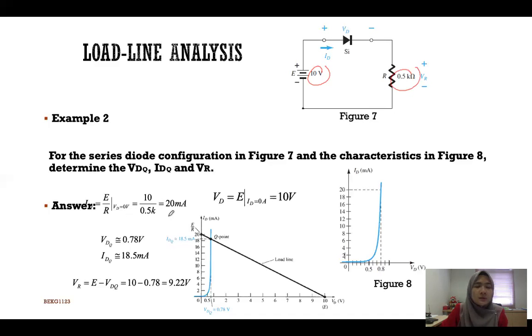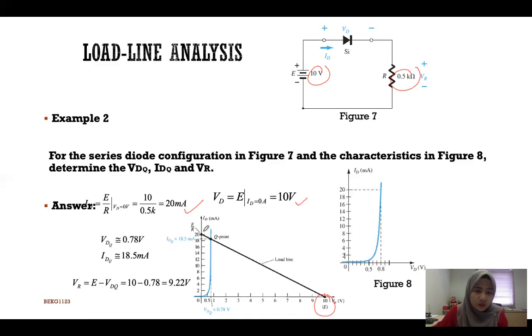So 10 divided by 0.5 kilo ohm, you will get 20 milliamp. And for VD, when ID is equal to 0, VD is equal to E, so VD is equal to 10 volt.